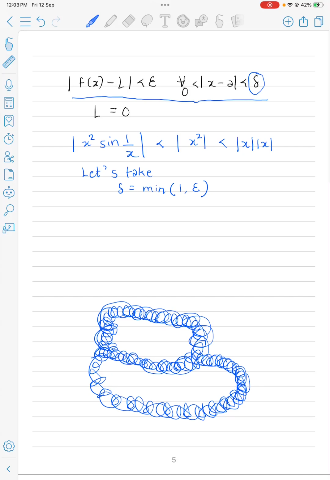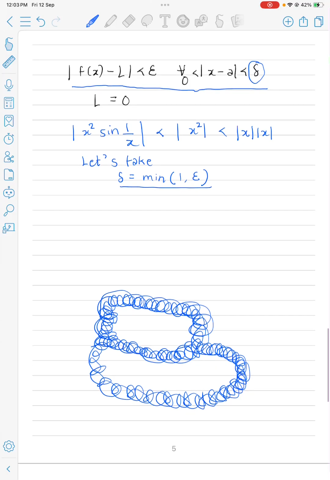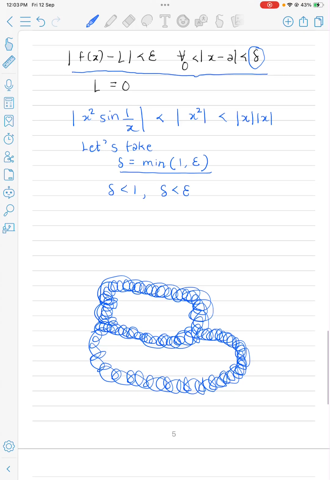Okay. So, what do I do? First, let me replace f(x) by x square sine 1 by x, and then I claim that this delta will work. So this delta is equal to the minimum of 1 and epsilon. So delta is less than 1 and delta is less than epsilon. And also a is equal to 0 here, right?